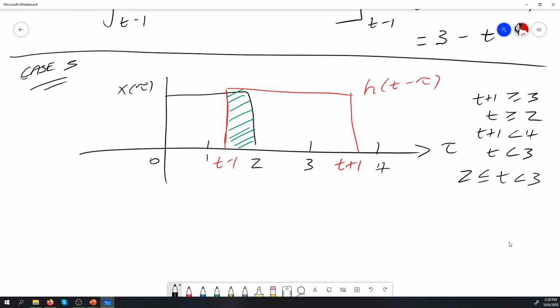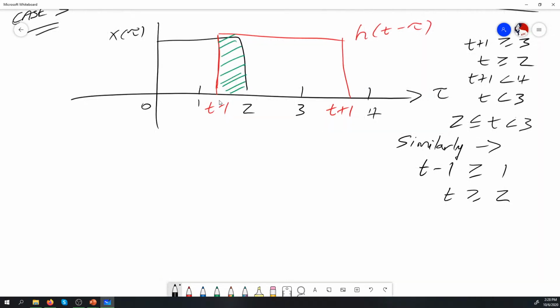Right. We can say similarly, we're watching our falling edge here. So t minus 1 has crossed this 1 point here. So we can say t minus 1 is more than or equal to 1, so we get t more than or equal to 2.